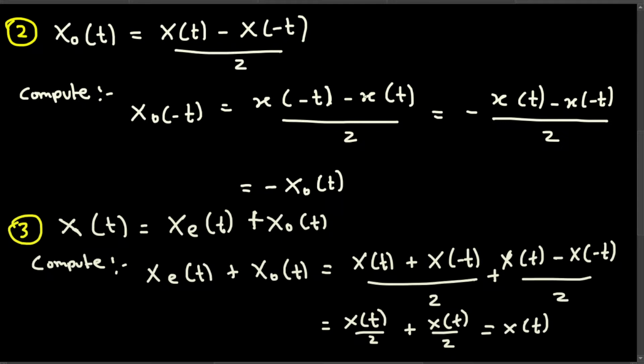So if I bring this x of t to the front, this is negative x of t, so you can take the negative in front.